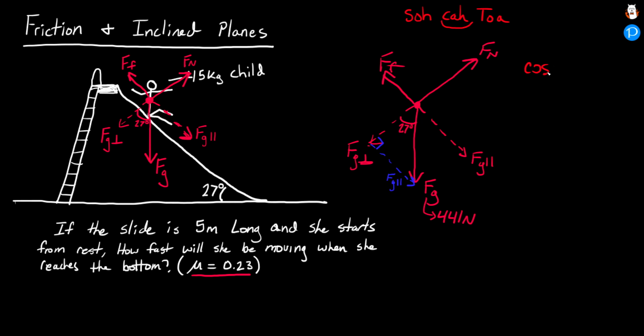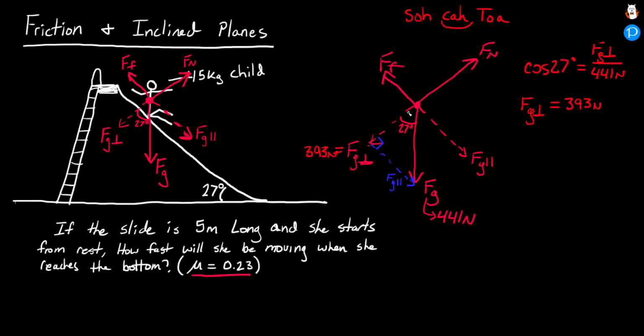So cosine of 27 degrees is equal to the adjacent side, which is FG perpendicular, divided by the hypotenuse, which is 441. That means I would take 441 times the cosine of 27 degrees to get this value. So if I were to do that, force of gravity perpendicular works out to be 393 newtons. I'll make a note over here. So this is 393.